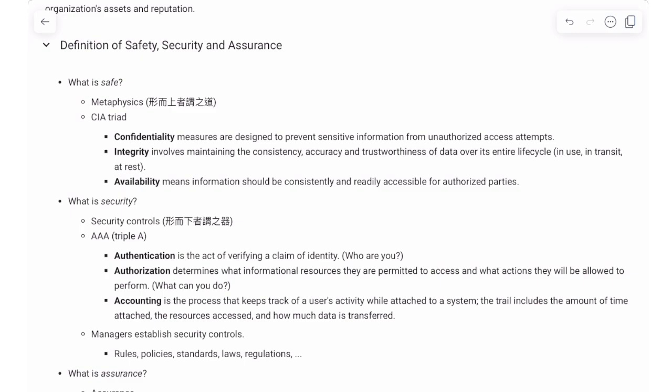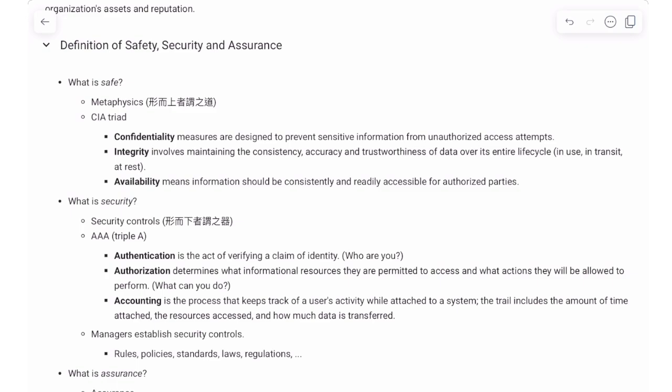For example, some database company or cloud-based storage company says, okay, 99.9999% of the time you can access your data, and your data has confidentiality and integrity. So that is CIA, which means you can provide some kind of guarantee and make your customer feel safe to use your service or your product.